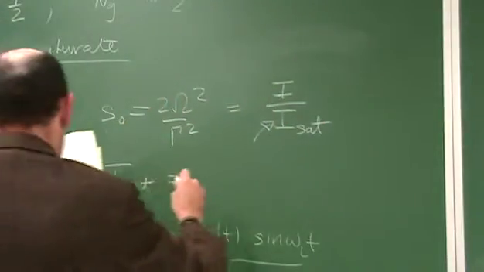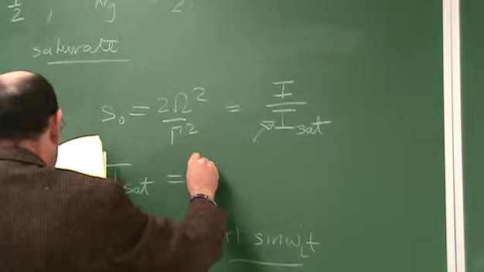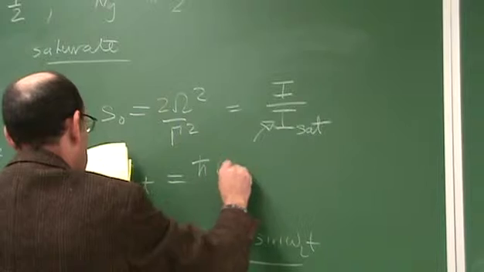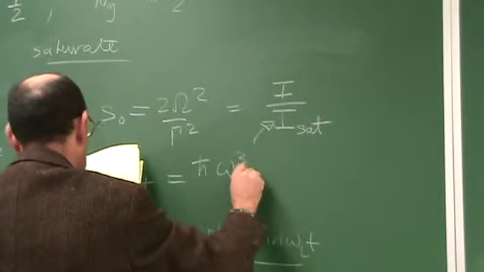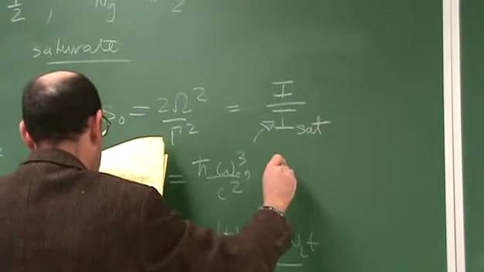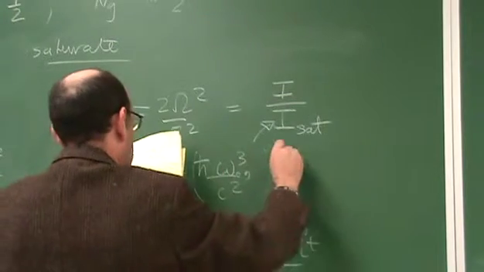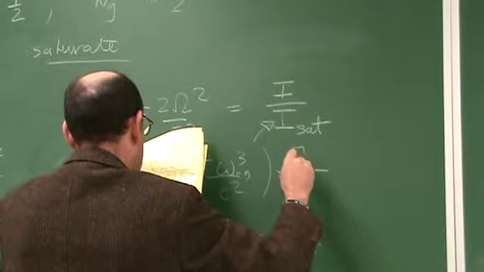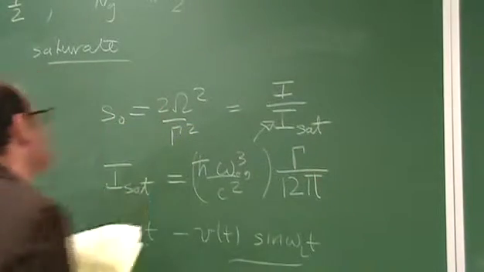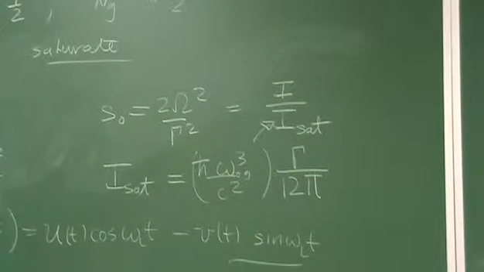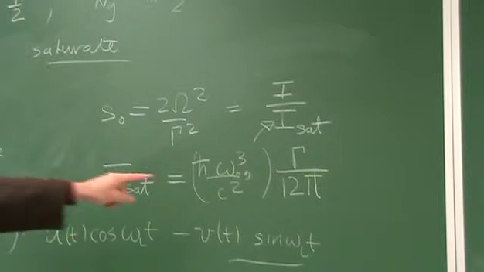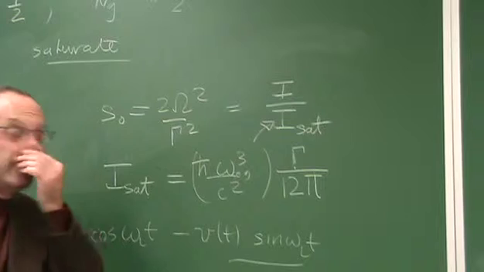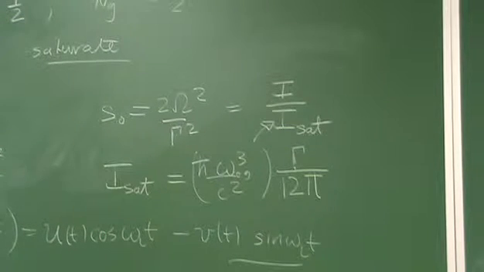It's equal to h bar omega cubed over c squared times gamma over 12 pi. So it depends on the oscillator strength through gamma, and it depends on the frequency here. All right?